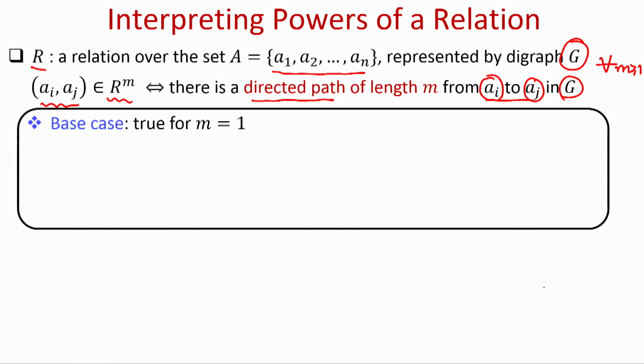So, that is why we will use a proof by induction on the power m to prove this theorem or property, and the base case will be m equal to 1, and the statement is of course trivially true for the base case, because if at all AI is related to AJ in R, that means that there will be a direct edge from the node AI to the node AJ in my graph. That comes from the definition of the digraph. So, the base case is trivial to prove.